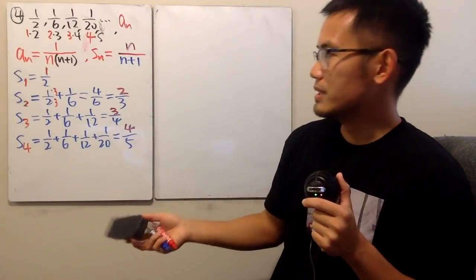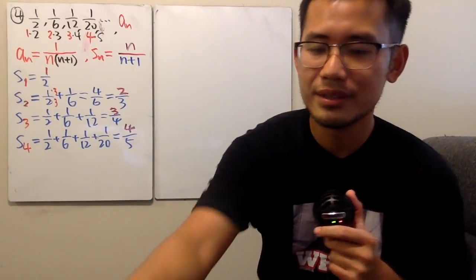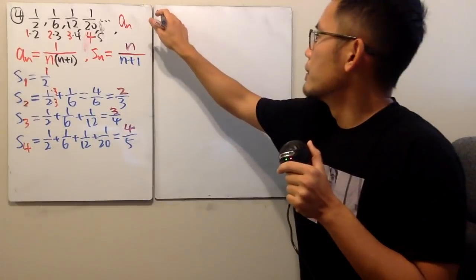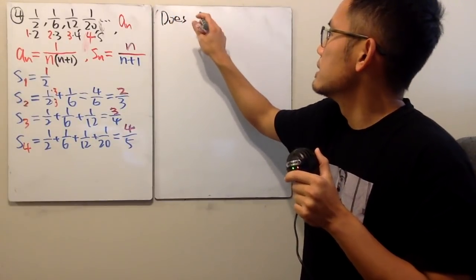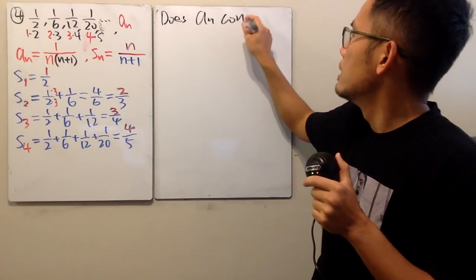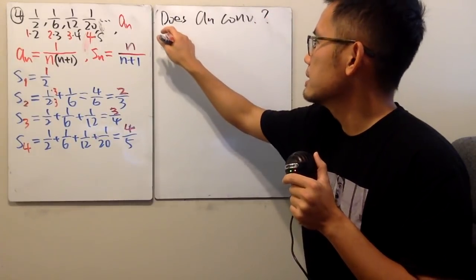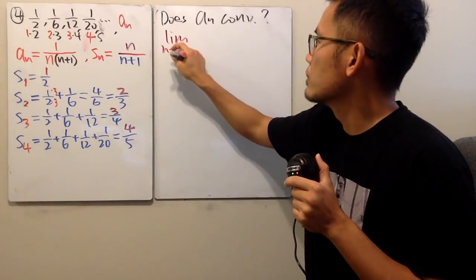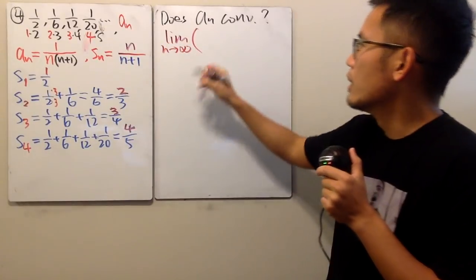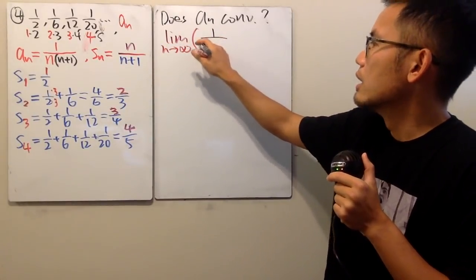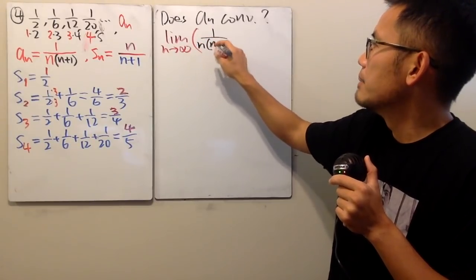So now we'll see the usual thing, right? First question, does an converge or not? Well, take the limit as n goes to infinity of 1 over n times n plus 1.